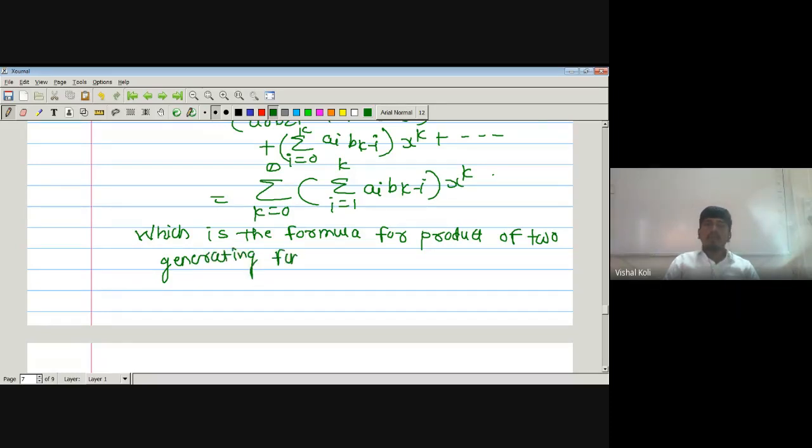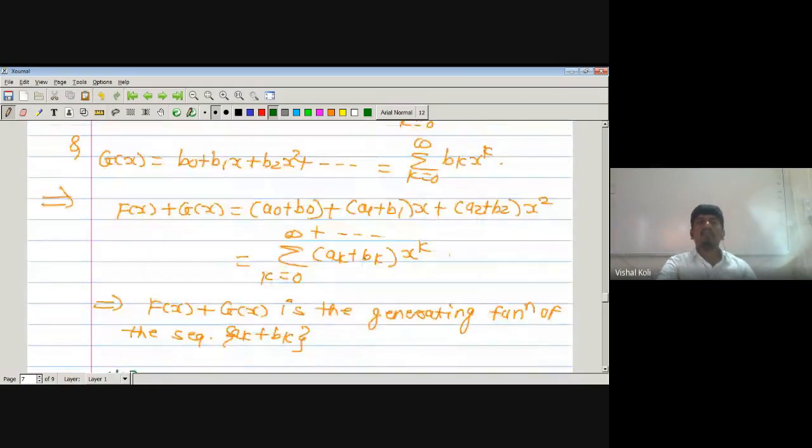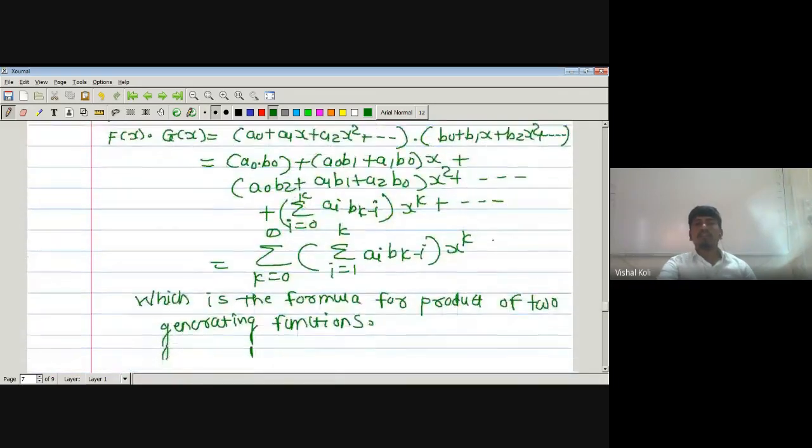So in this way, we can take the addition and multiplication of two generating functions. And addition is defined in this way and multiplication is defined in this way. Okay.